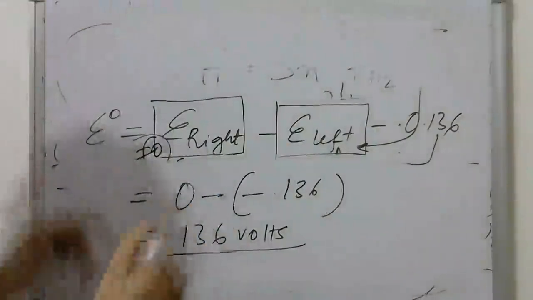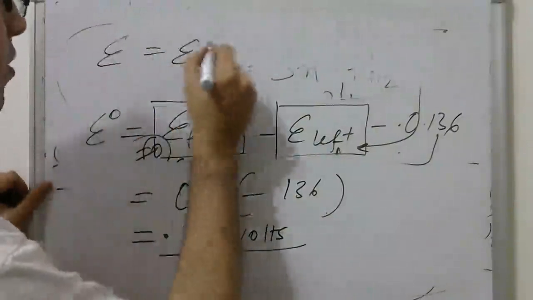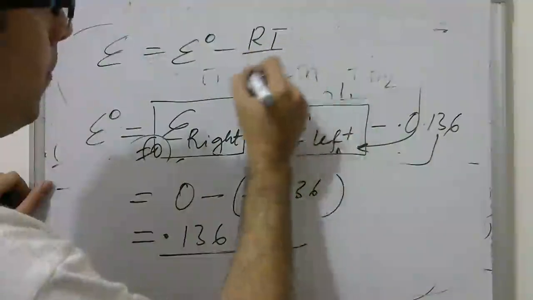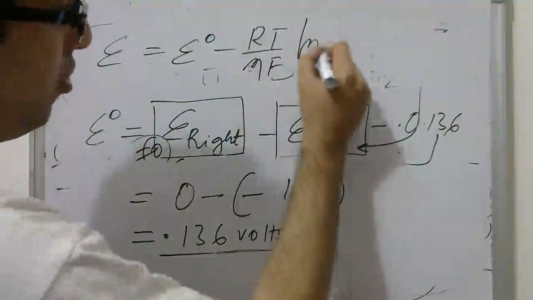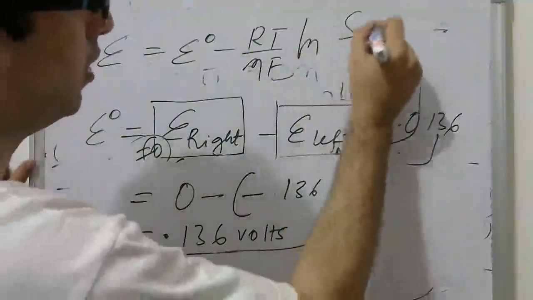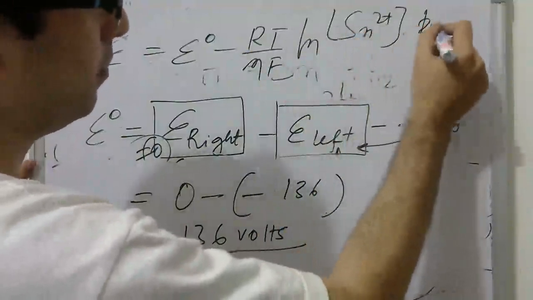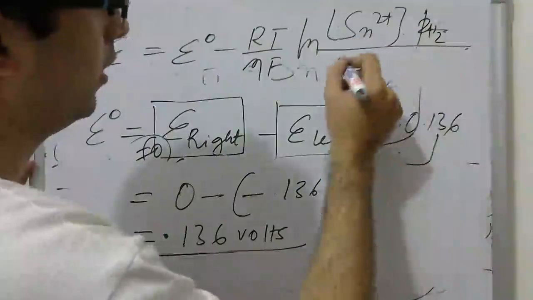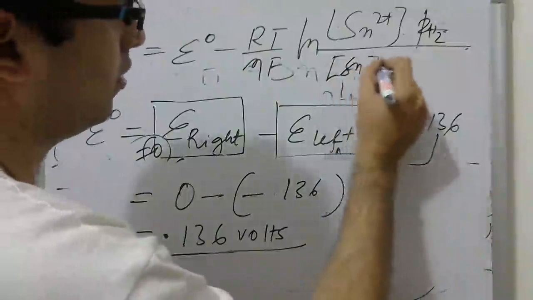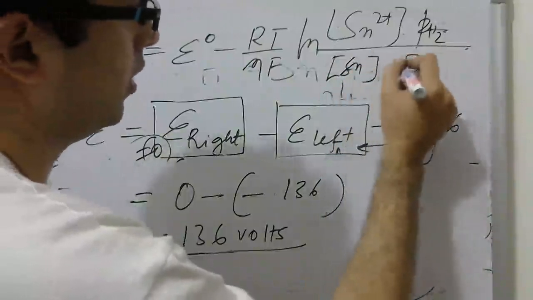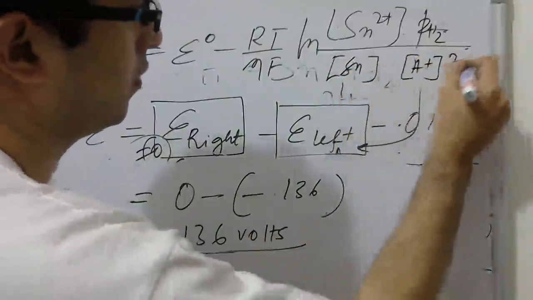You remember I've talked about this equation: E equals E0 minus RT by nF ln of Sn2+ concentration multiplied by H2 over Sn concentration multiplied by H+ squared.